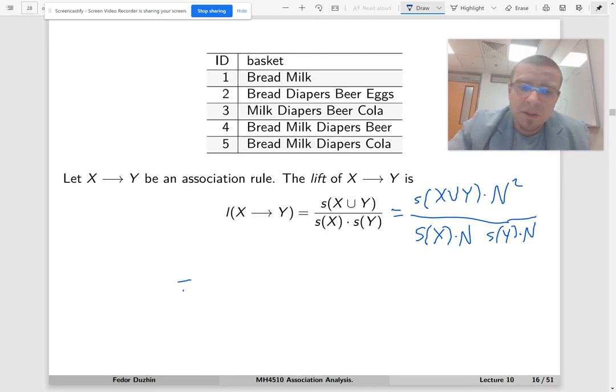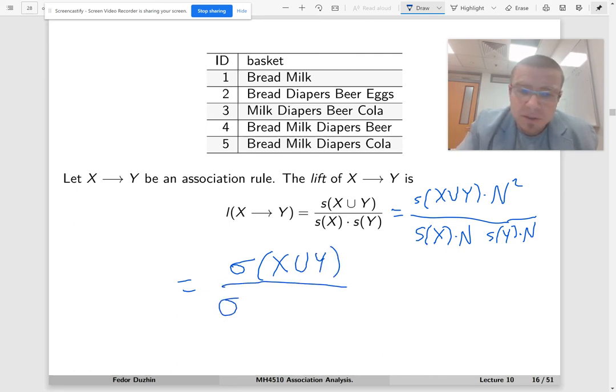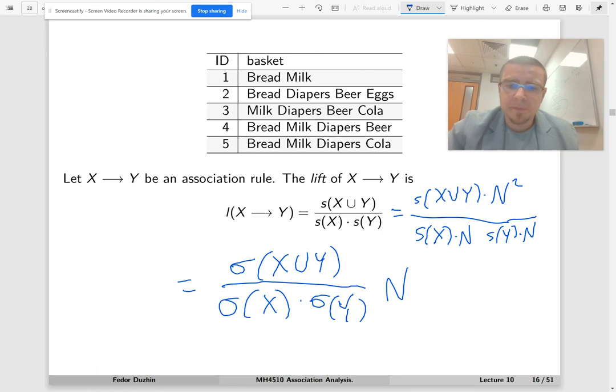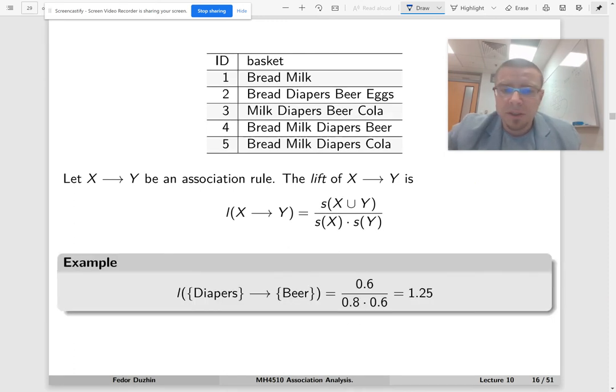This is the raw support count of X union Y divided by the support count of just X times the support count of just Y, and everything times n. So if you want to use the raw counts to compute the lift, you have to multiply by n.